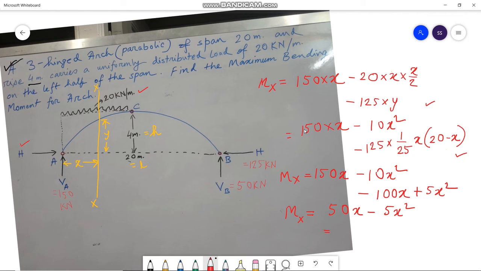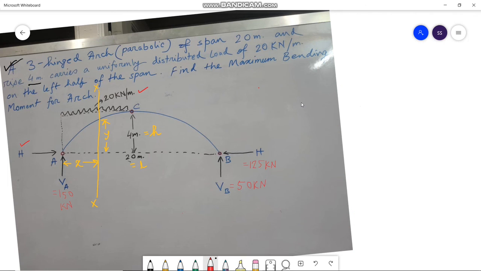We have 5x into (10 minus x). Mx equals to 5x into (10 minus x).